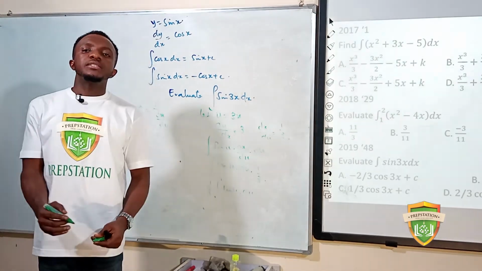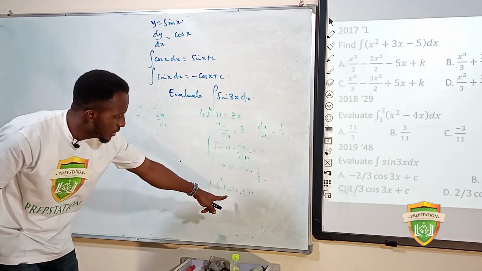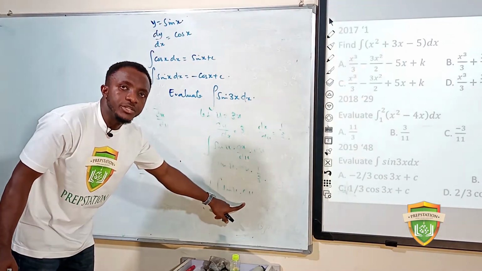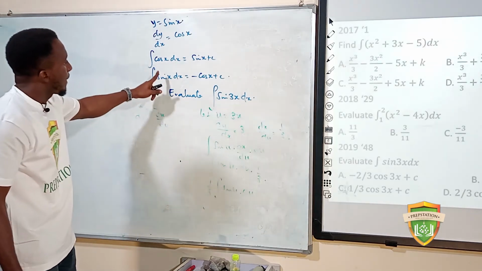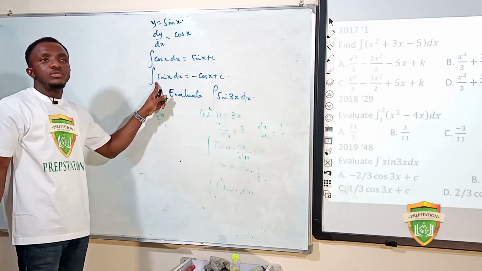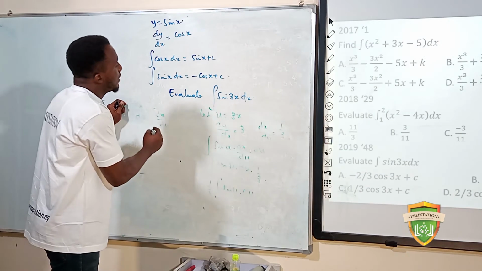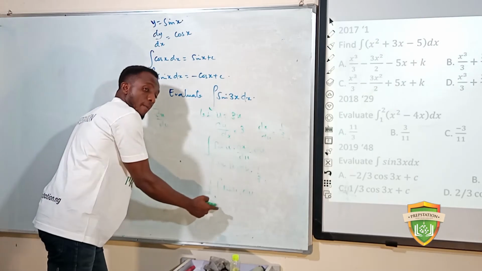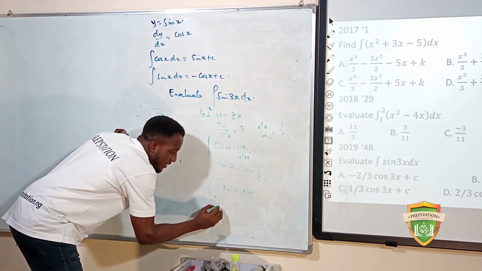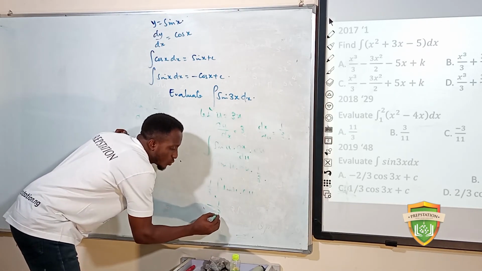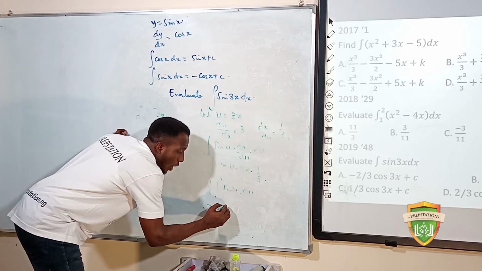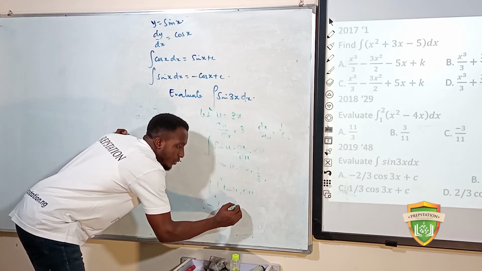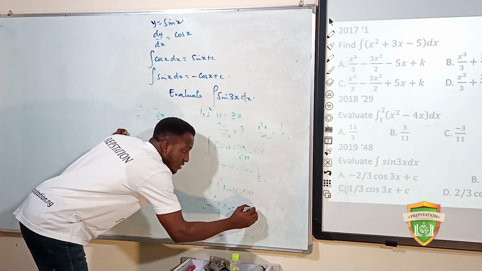So how do we integrate sine u du? It's easy. Go back to this. This would give me minus cos u plus c. But we have a 1 over 3 here. So minus 1 over 3 cos u plus c.